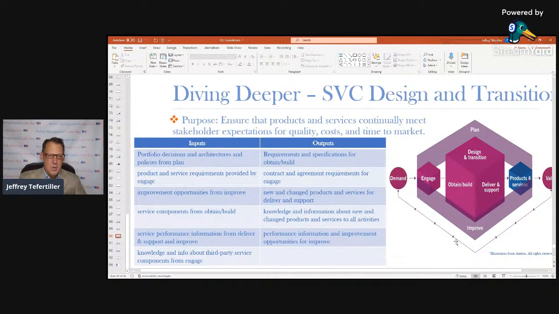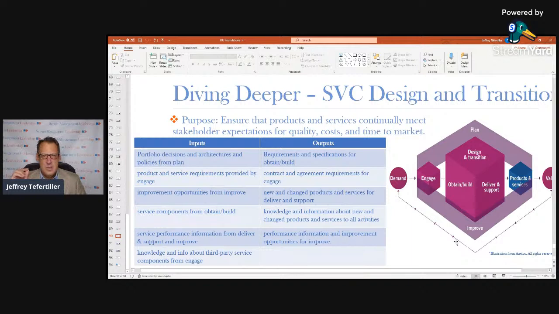And so we're wanting to improve our quality, our costs, and our time to market, right? So if we look at the fourth one down, service components from obtain and build, we want to make sure that they all satisfy the quality, costs, and time to market. And then you can also see how that would be layered in with the third parties as well.